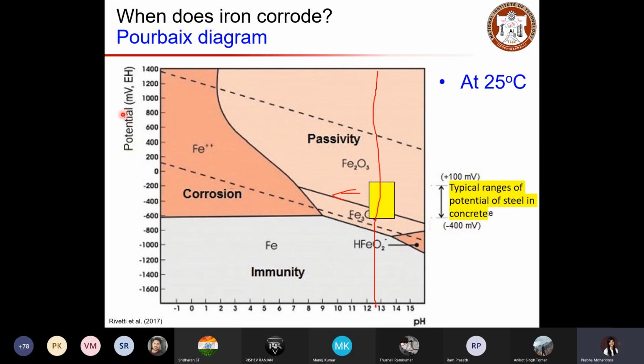So the potential range of corrosion and then the pH value at which it can start to corrode. So you can see the passivity here, and when your pH gets reduced below 9, it will start to corrode.